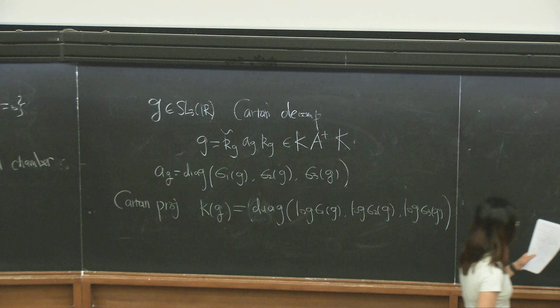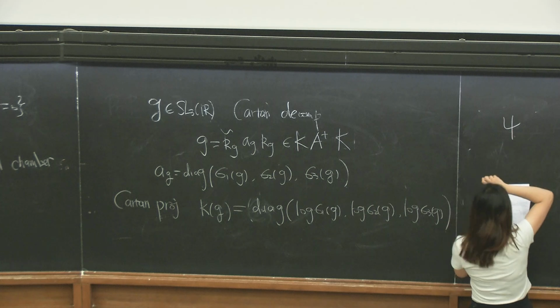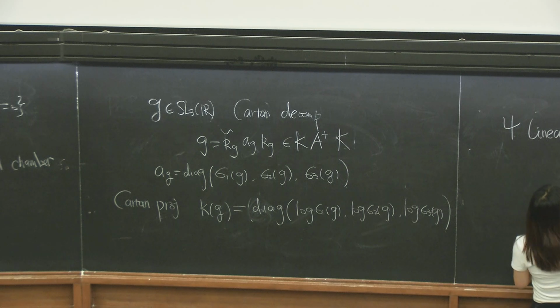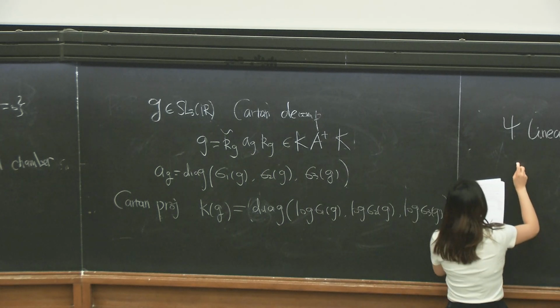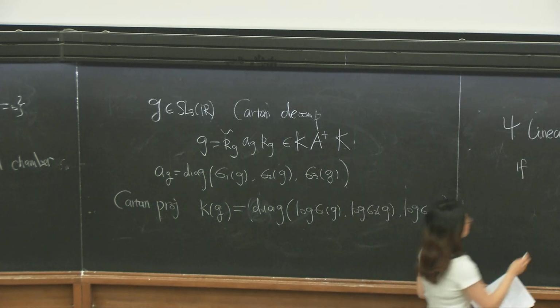Another notion is called the positive functional on A. Say psi is a linear function on A. It's called positive if this function is a linear combination of the simple roots.